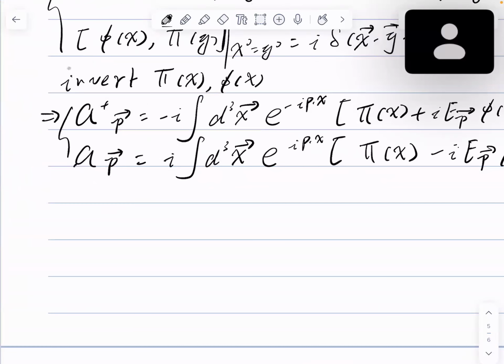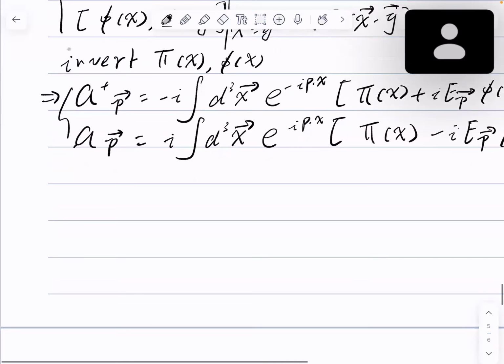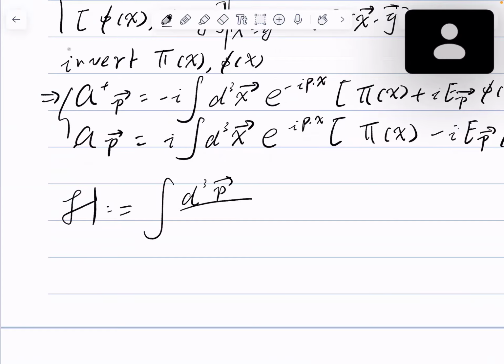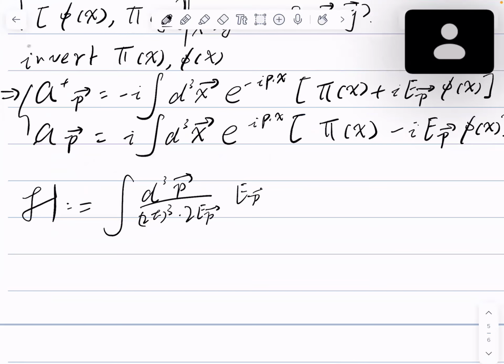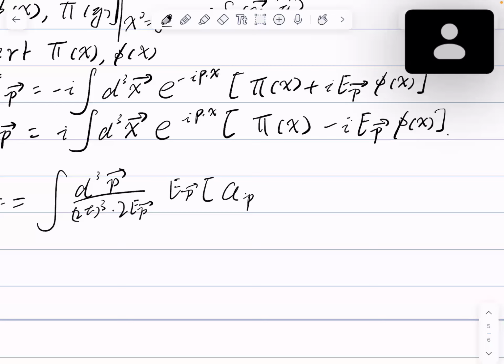In second quantization, or standard quantum mechanics, based on those principles, we can introduce the definition of the Hamiltonian: H equals the integral d³p over (2π)³, times E_p a_p† a_p, plus V E_p.